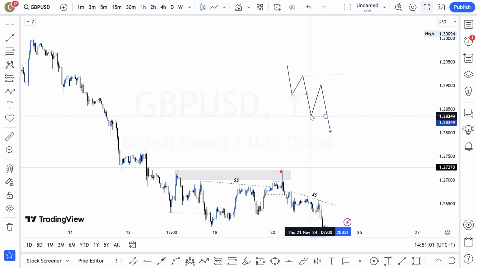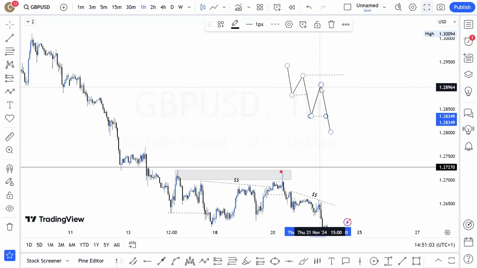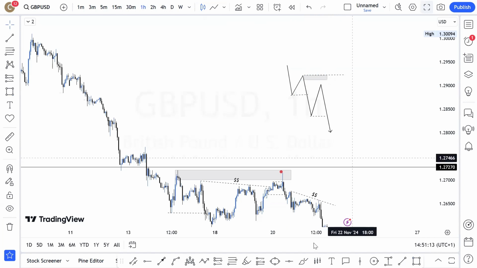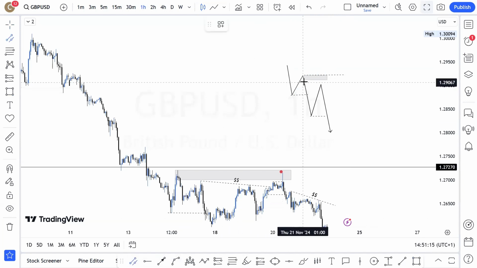So when this correction started, they waited for it to start. They highlighted their order block, which is their supply zone here, and they had their fair value gap aligning properly on this zone. So when the market got to this fair value, they took their sell.